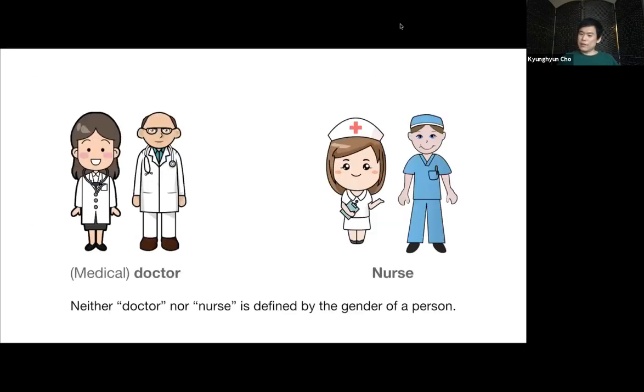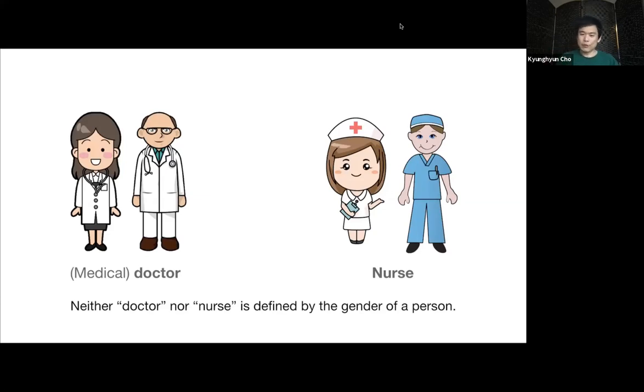Let's look at yet another example that will look more alarming than the previous very innocent example of confusing leaves and bananas. On the left side of this plot, we see two clip art images of a doctor, medical doctor in particular.